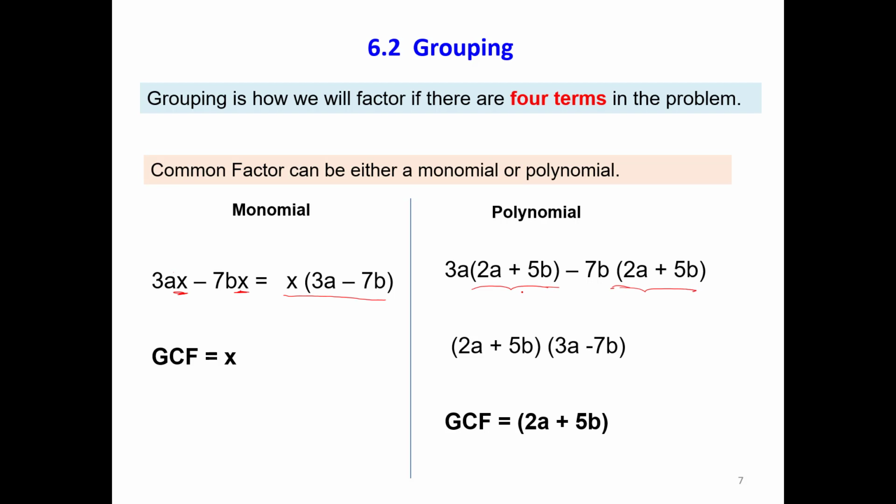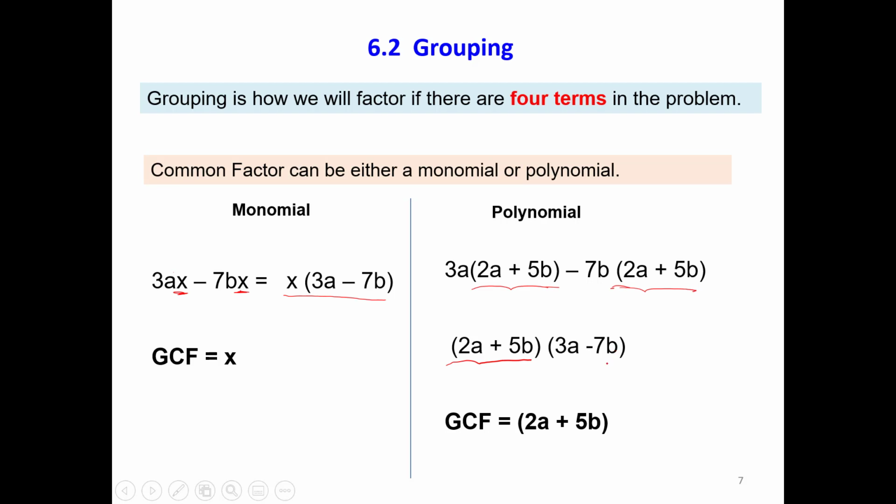It's a polynomial. Then in the same way, we just write this one in front, this one goes in front of the parentheses. And then what we write inside is what is left. What is left? 3a, because this is a common factor. We take this one in front, and then what is left is 3a minus 7b.